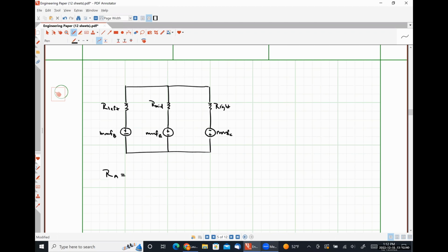What is the equivalent reluctance seen by coil A? Use these three reluctances and tell me what it's going to be.